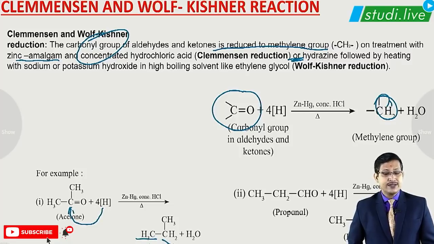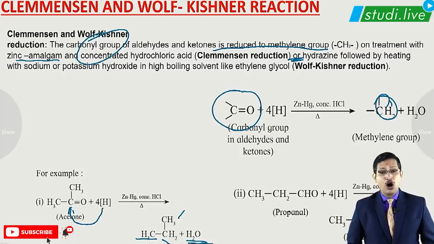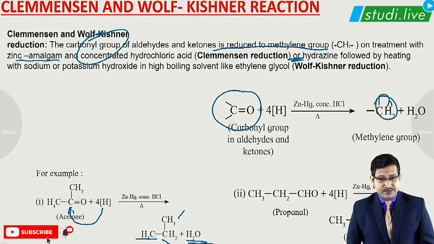CH3CH2, and the next CH3 is left out here. The 2 remaining hydrogen atoms will combine with the oxygen and give you the removal of a water molecule. So together, acetone gives you propane, CH3CH2CH3.